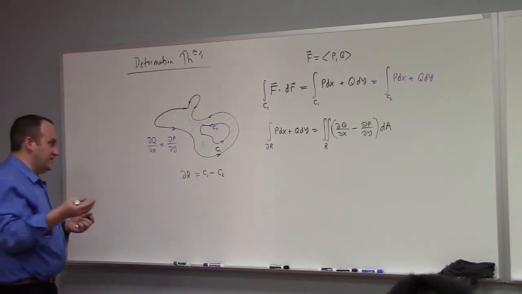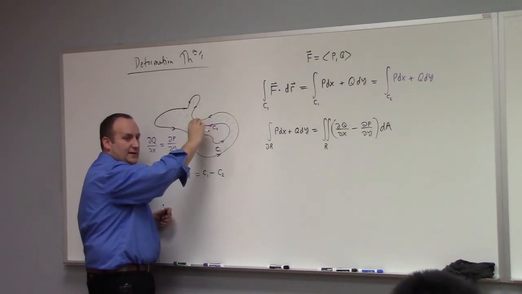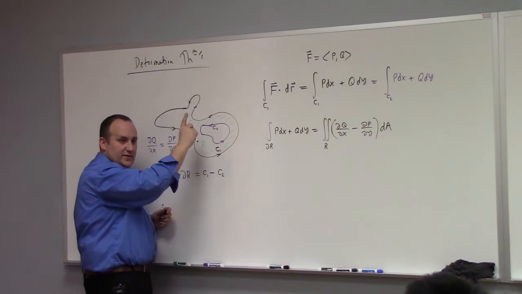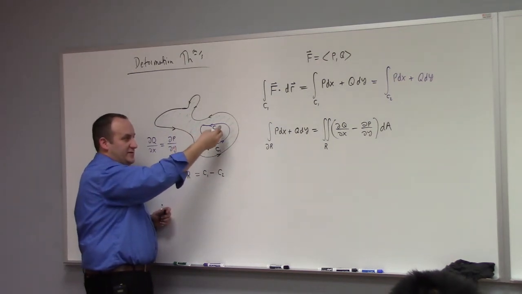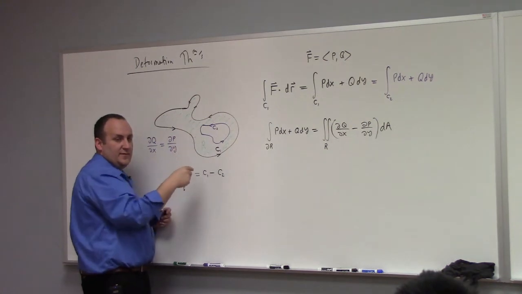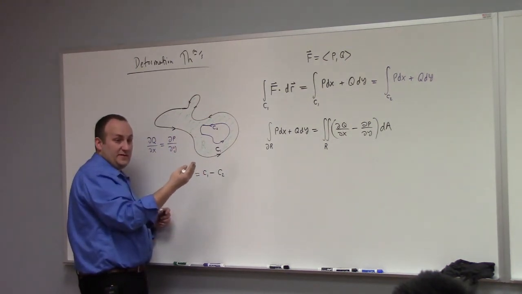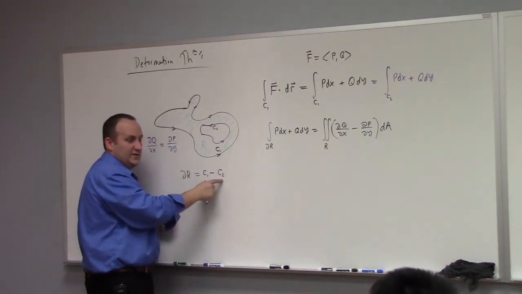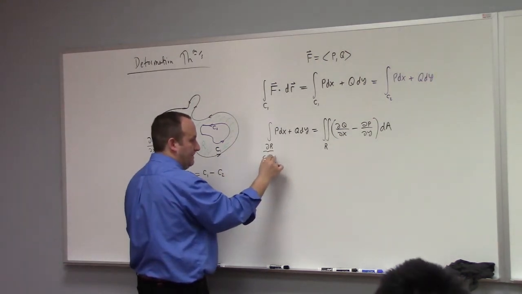If you can imagine yourself as a little dude walking along C2, the green thatched region is on your right. But the rule for orientations is if you imagine yourself walking along the edge of positively oriented boundary, the region should be on your left. So that would be minus C2. So the boundary of R is C1 minus C2.